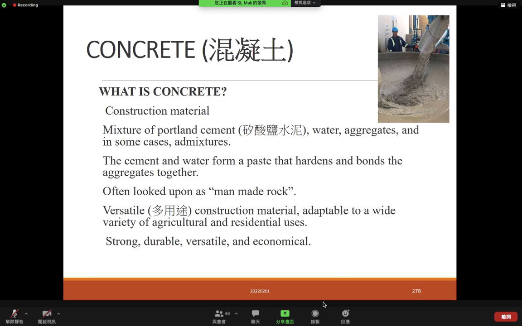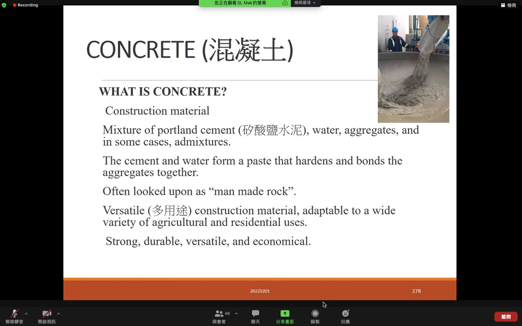The cement and water form a paste and harden and bond the aggregate together, like a glue. It can be applied in a variety of agricultural and residential uses.